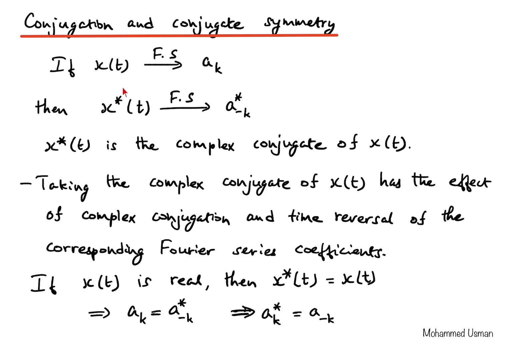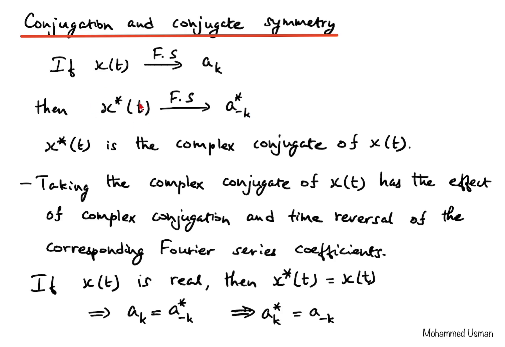If x of t is a complex signal and we take the conjugate, that means reversing the sign of the imaginary part, what will be the Fourier series coefficients of this complex conjugate signal? It turns out that the Fourier series coefficients of the complex conjugate of x of t are nothing but the ak values, the original Fourier coefficients, conjugated and reversed in time.